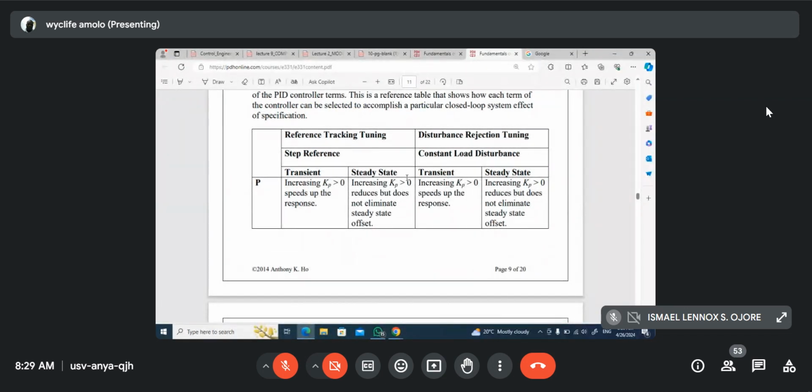So we said that in the tuning and tracking, which I saw in MATLAB, you can use it.